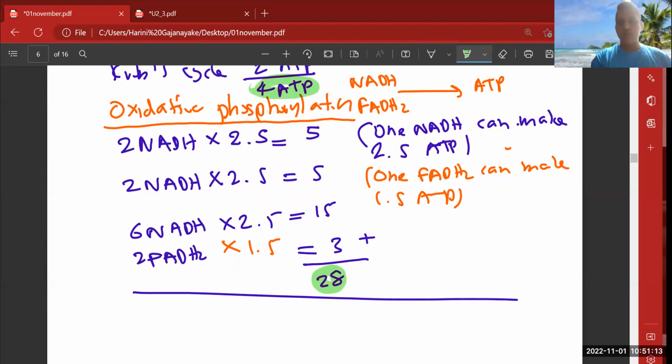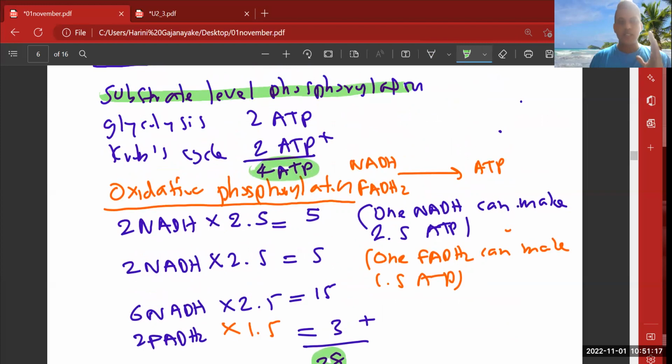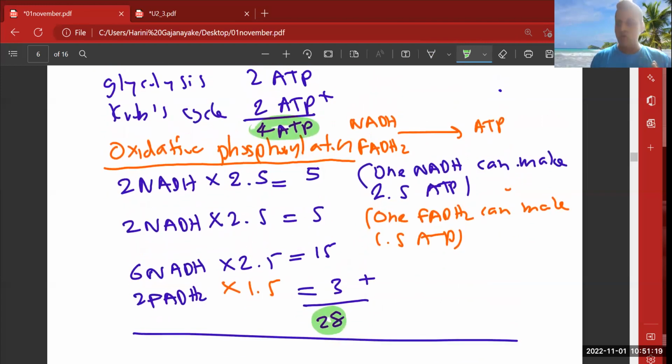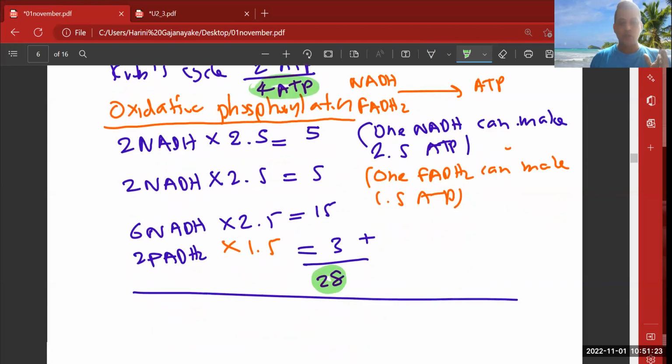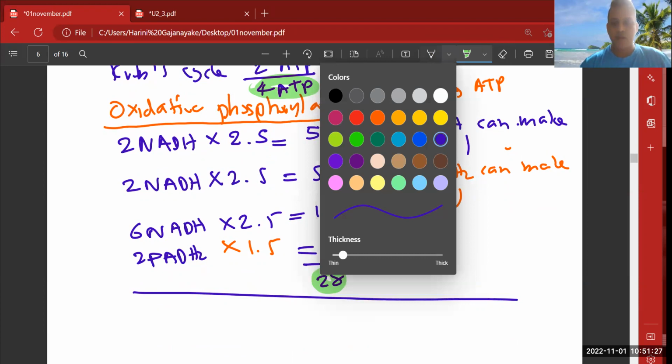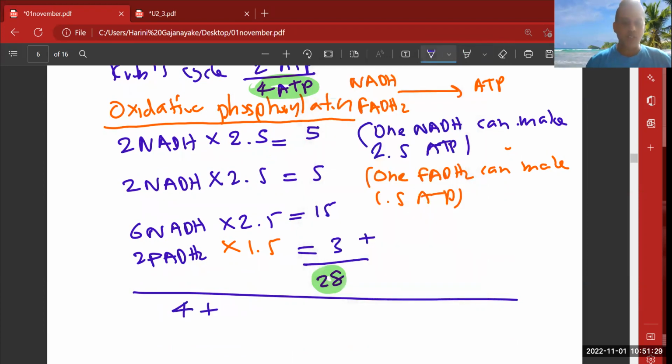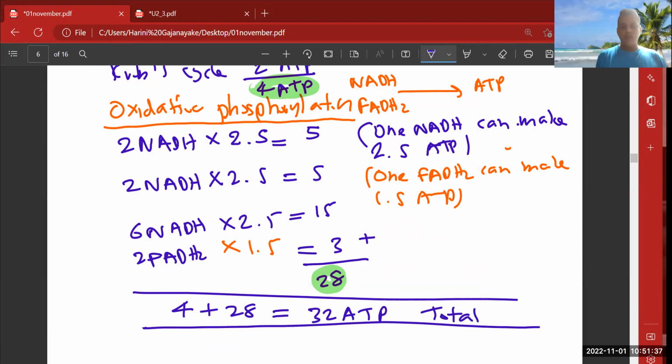We can calculate this, but at the moment, we try to remember at least substrate level 4, oxidative phosphorylation 28. Then the total is 4 plus 28, 32. That is the total ATP production, 32 ATP molecules.